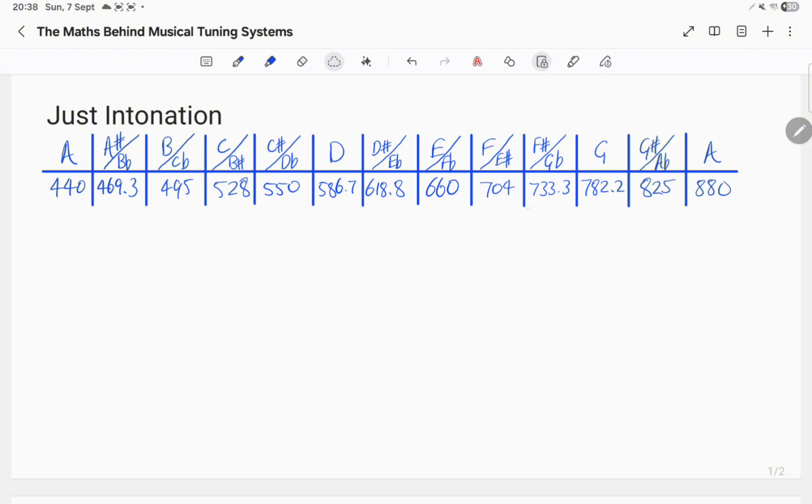Using these three ratios, we can, for example, calculate F sharp or G flat. This is equivalent to taking 5/4 multiplied by 4/3, and this gives 5/3. Using this method, we can now fill in the entire table.